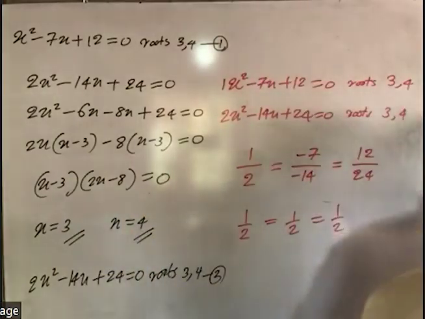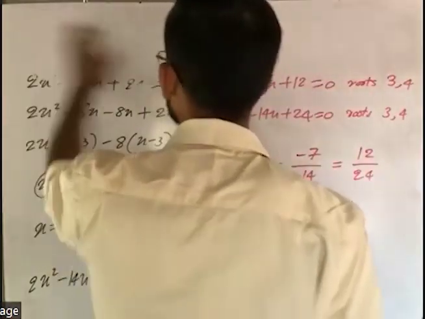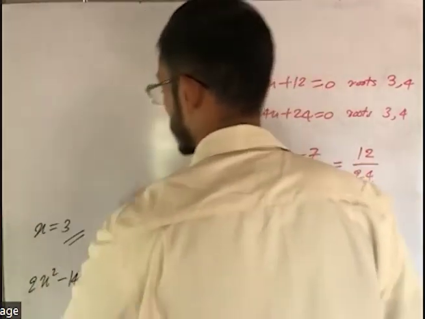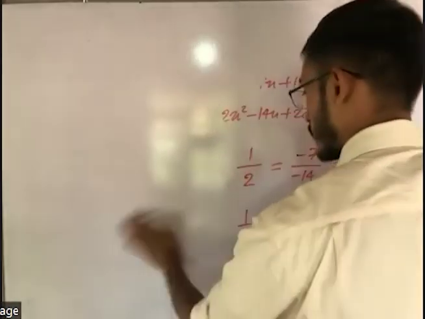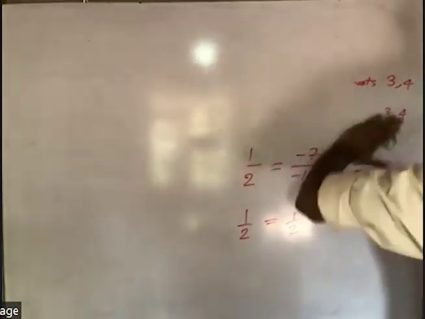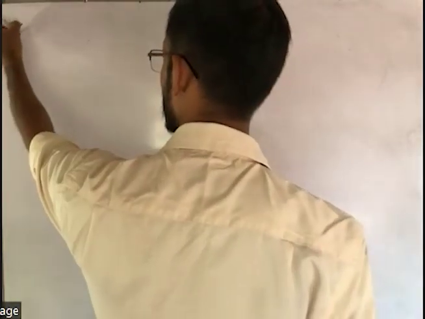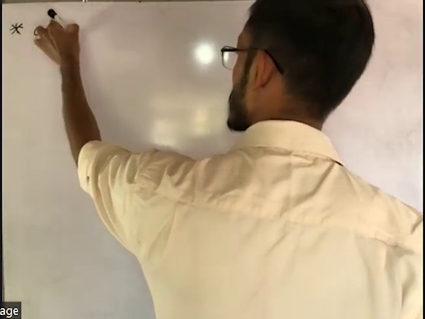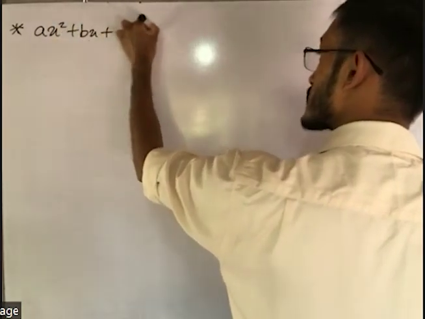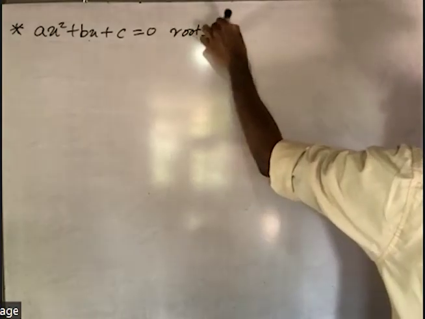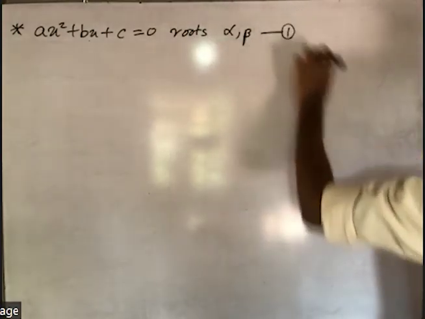Right. Now look at this. I'm going to take a quadratic equation ax square plus bx plus c equal to 0. Here roots are alpha comma beta. I'm going to take this one as number 1.